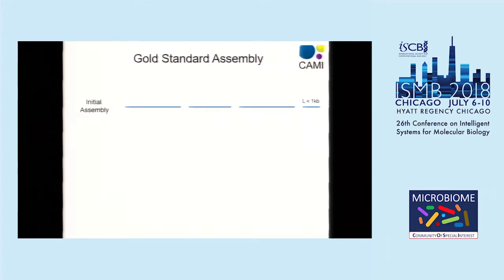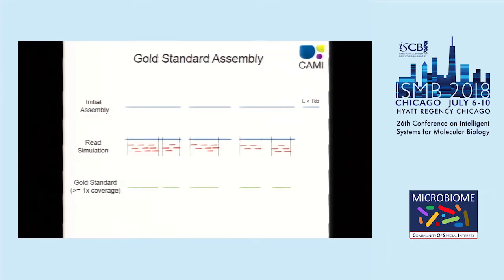So we start with multiple contigs. The first step is we remove small contigs smaller than 1 kb. From the remaining contigs, we simulate the reads. And whatever region has at least one X coverage will end up in the gold standard.